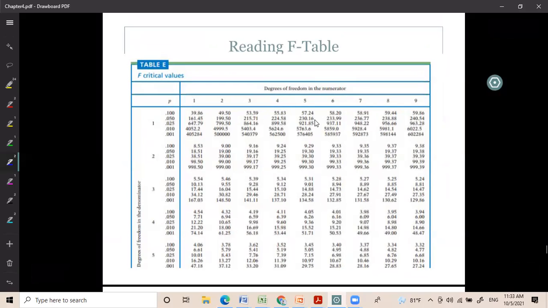But anyway, you have the degrees of freedom in the numerator as the columns, and as the rows, you have degrees of freedom in the denominator. Right? 1, 2, 3, 4, and it goes on. This is only again a part of the table. Now, say for example, if I want to find the F value, here's my F distribution. Let's say of the right tail probability.